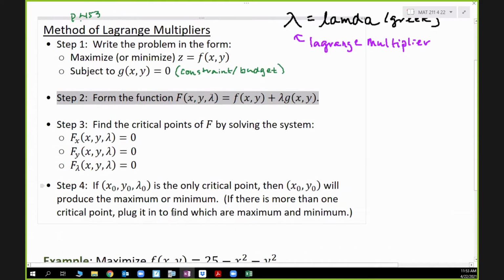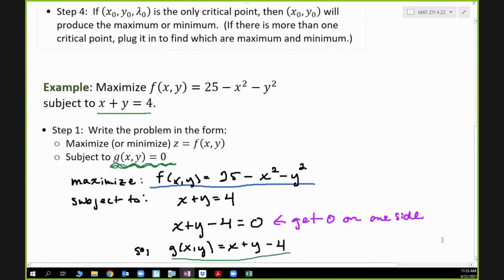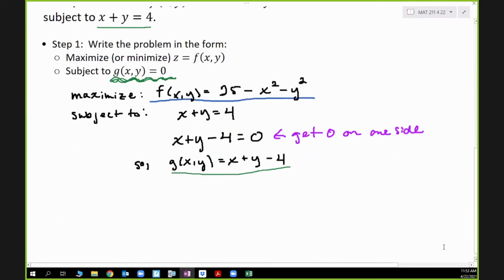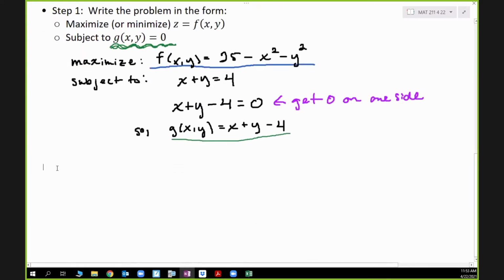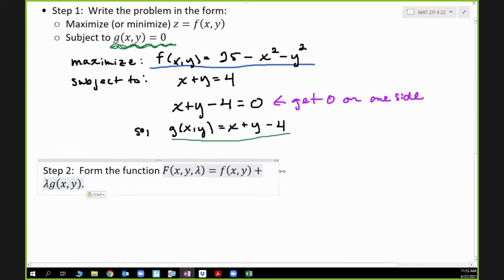Okay, so we're going to form a new function called capital F. And that capital F function looks like this. So we have capital F of, and now it has 3 variables, x, y, and lambda.